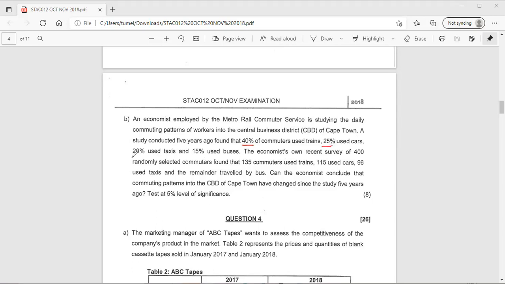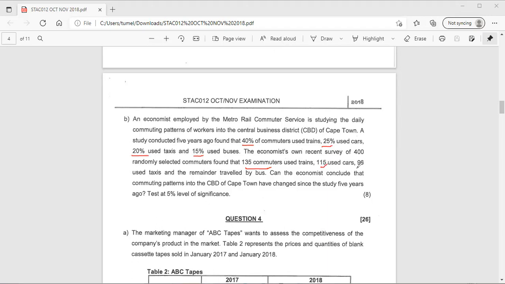So it means that if you are using the letters of the alphabet, you'll have PA up to PD. If you use numbers, you'll have P1 up to P4.